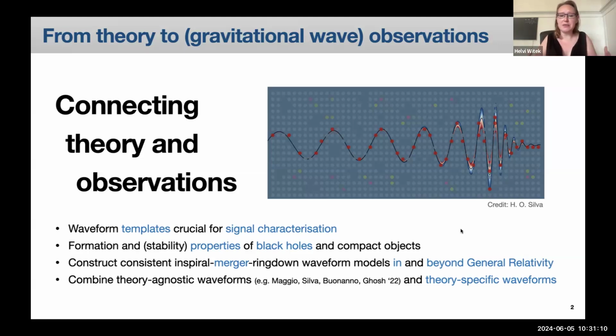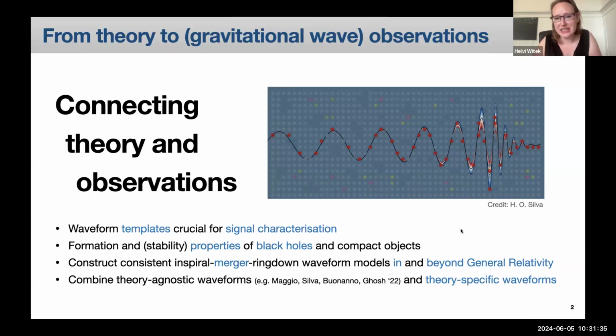And if they are stable, then we can think about, well, what happens if we put those two compact objects in a binary and they may in-spiral, merge and ring down and emit gravitational waves in this process. If that happens, then we can try to use gravitational wave observations to probe for signatures of new physics.